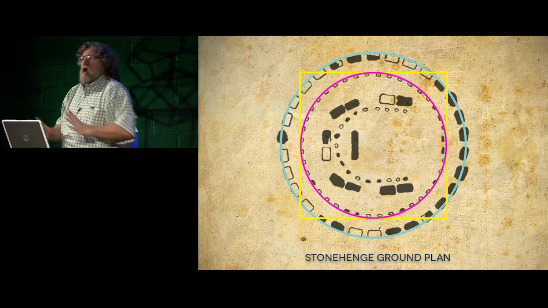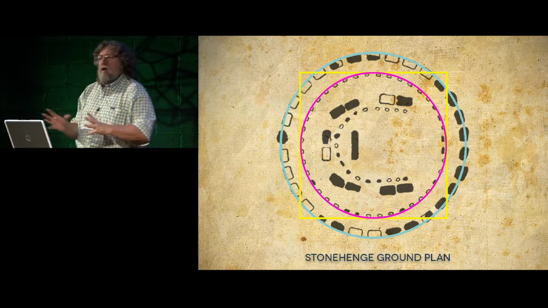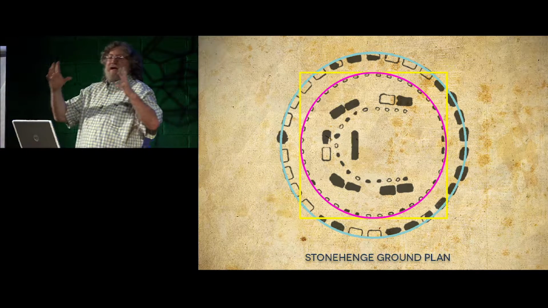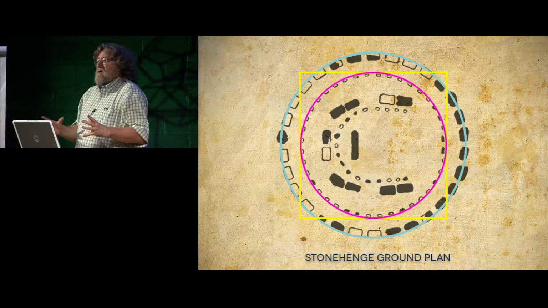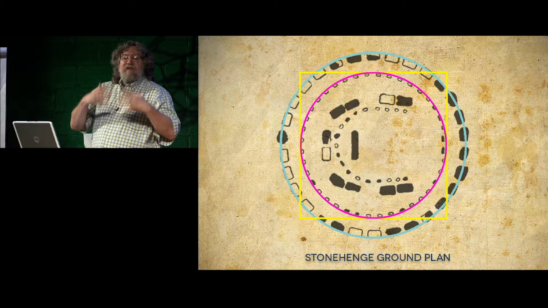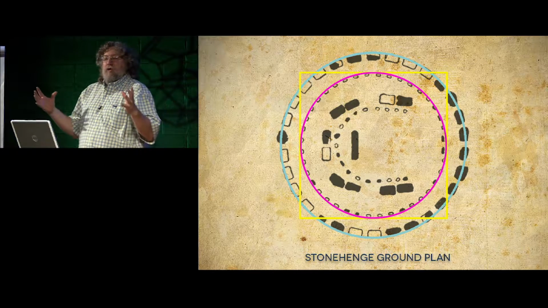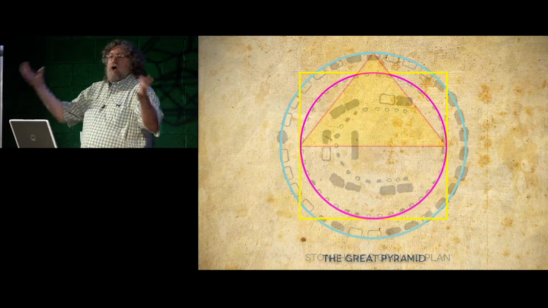The square was all things measurable, rational, finite, material. The circle was all things immeasurable, infinite, spiritual, things that can't be measured. So the squaring of the circle was a problem that resolved the two.